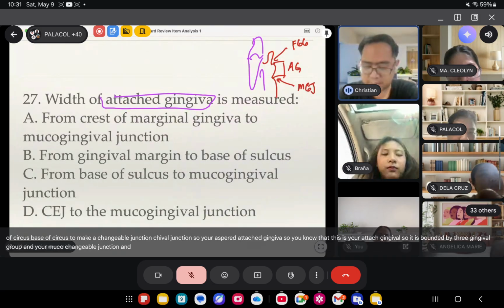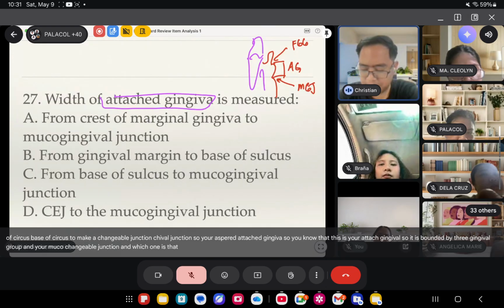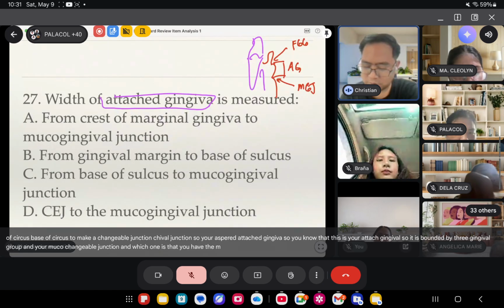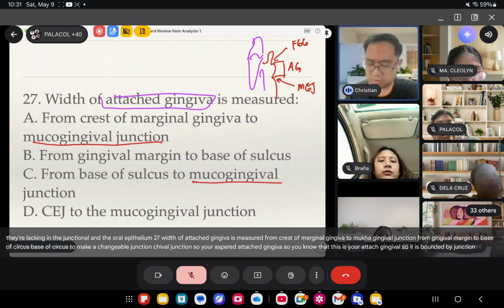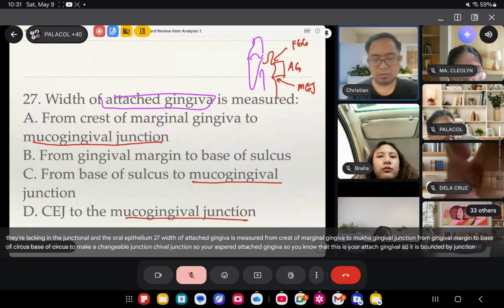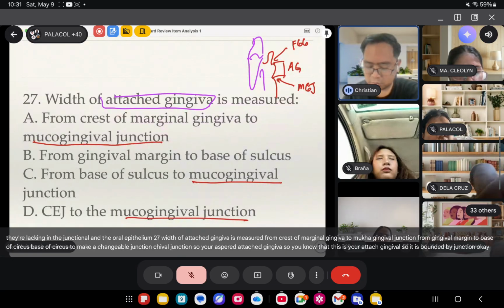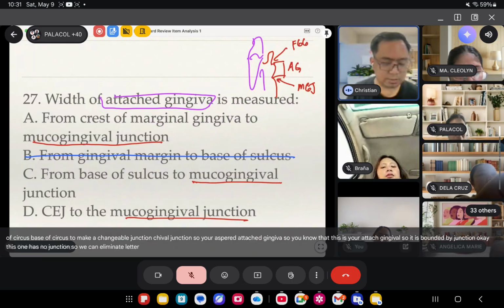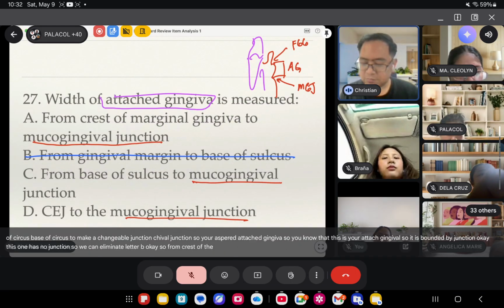Here there is a mucogingival junction. This one has no mucogingival junction, so we can eliminate letter B. From the crest of the marginal gingiva?